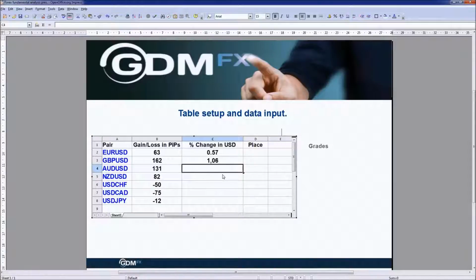For the next one, we're getting the Aussie versus the US dollar.